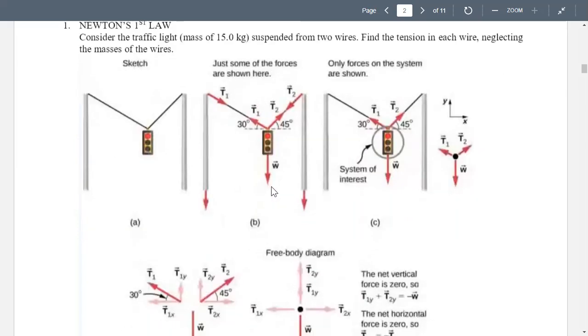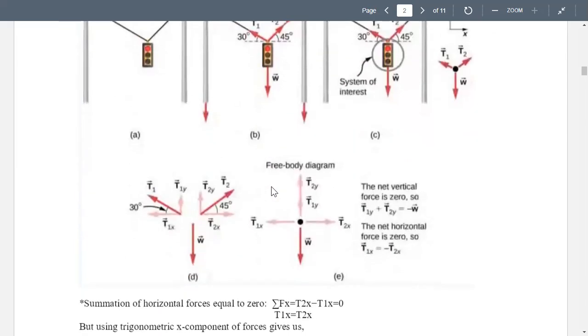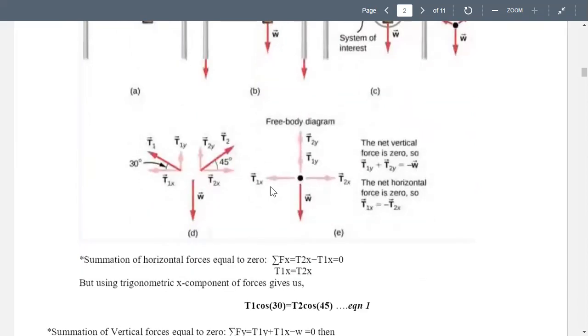Now, if we're going to further simplify the free body diagram, which is the first step in illustrating your solution, you must provide a free body diagram.